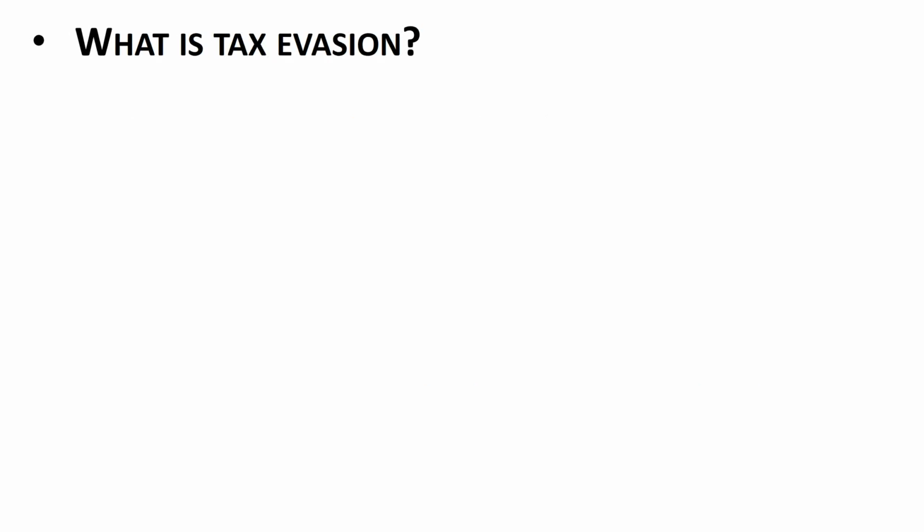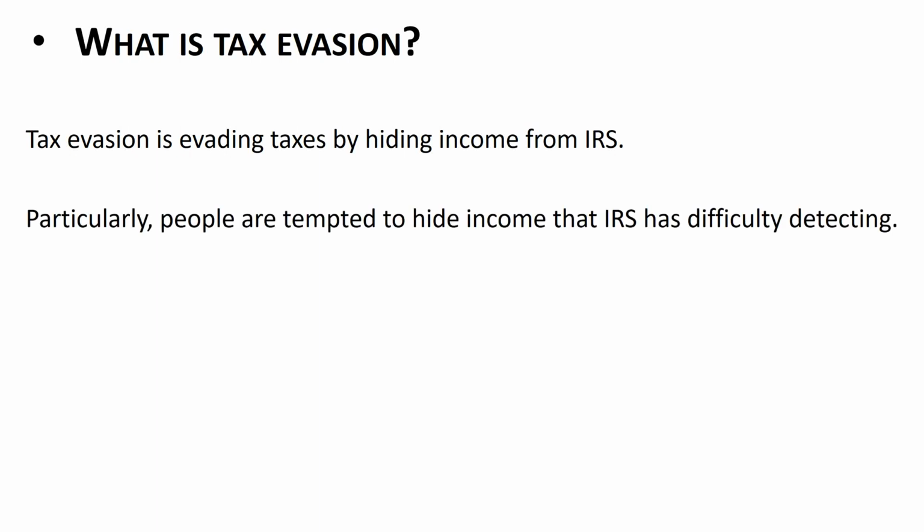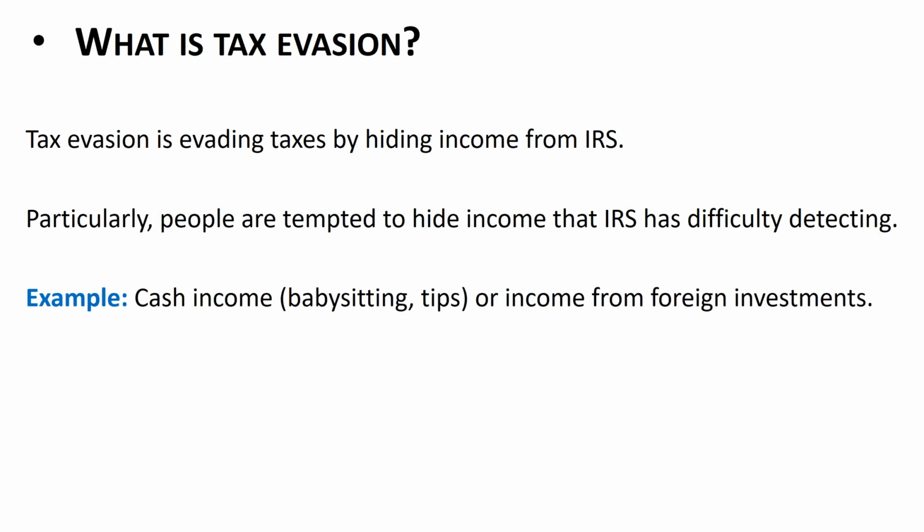Now contrast that with tax evasion. This is a no-no. Tax evasion is evading taxes by hiding income from IRS. Particularly, people are tempted to hide income that IRS has difficulty detecting. Example, cash income. So babysitting income, tips, it's paid by cash, and there's no paper record, so you may be tempted to not report it.